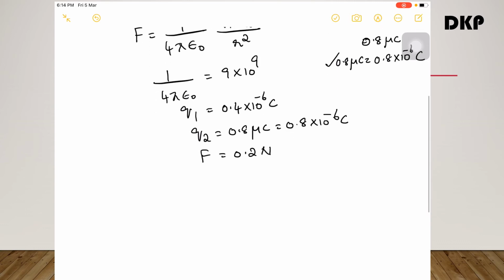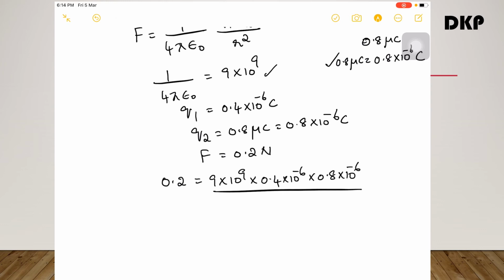Now you have to substitute this in the equation. F is equal to 0.2 into 9 into 10 to the power of 9, that is 1 by 4 pi epsilon 0 is 9 into 10 to the power of 9 into Q1 is 0.4 into 10 to the power of minus 6. Q2 is 0.8 into 10 to the power of minus 6 upon R square.